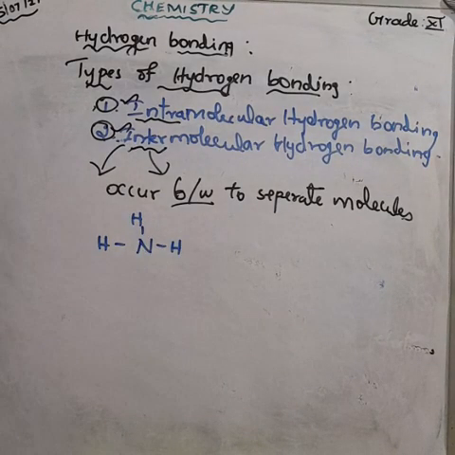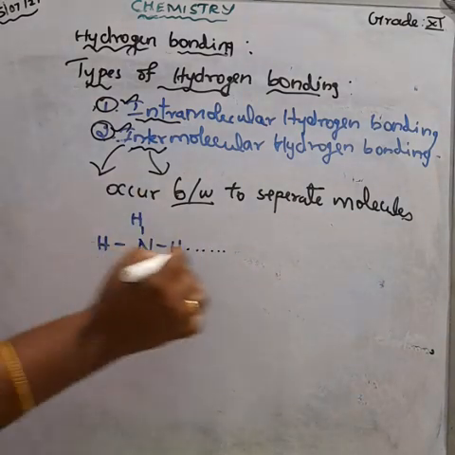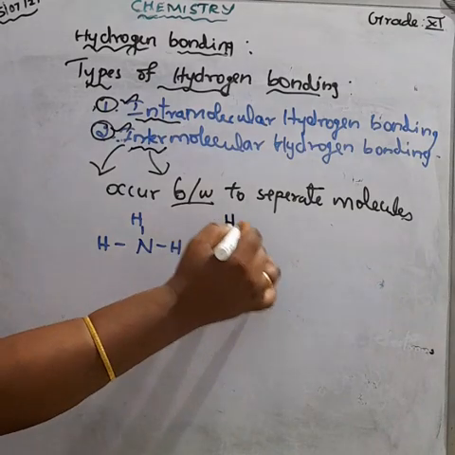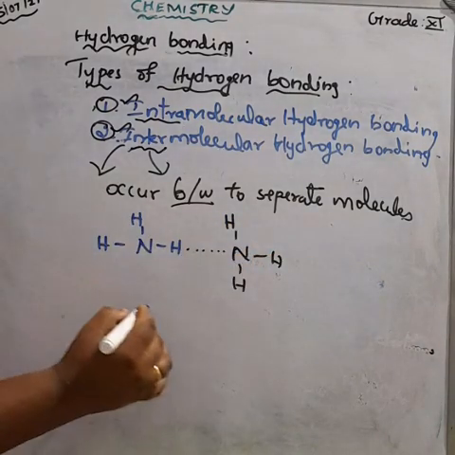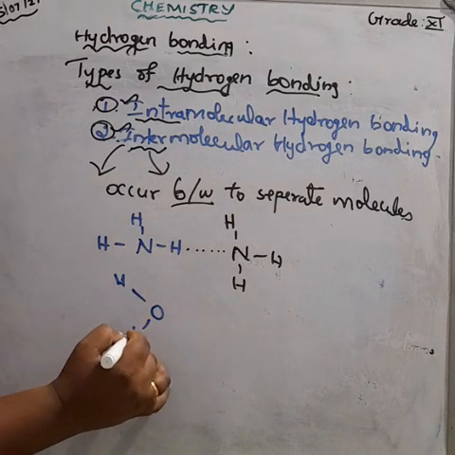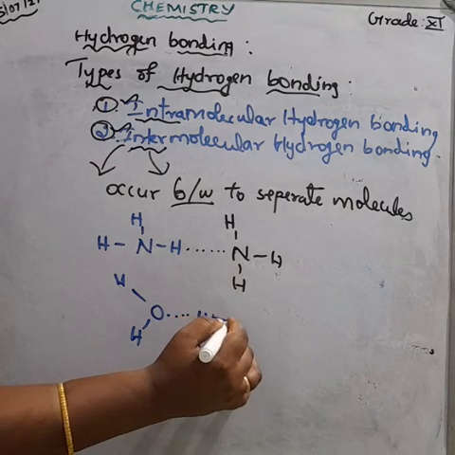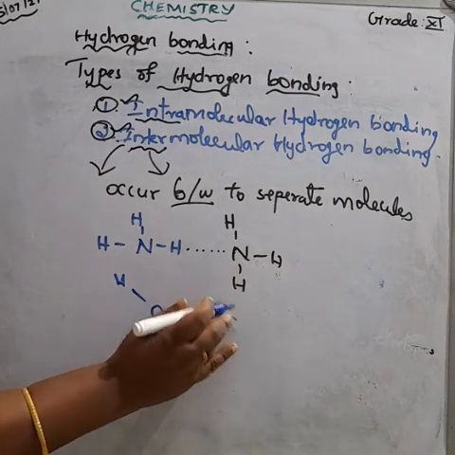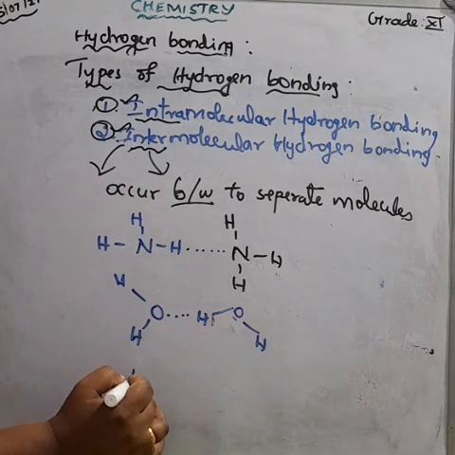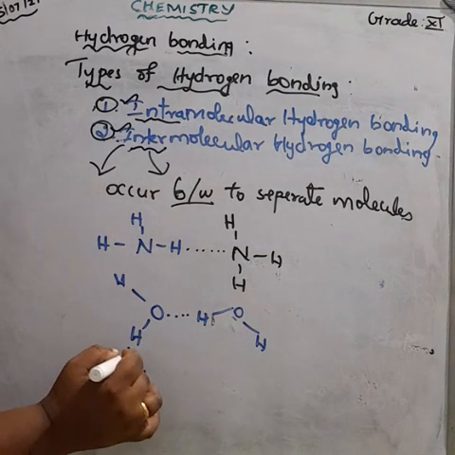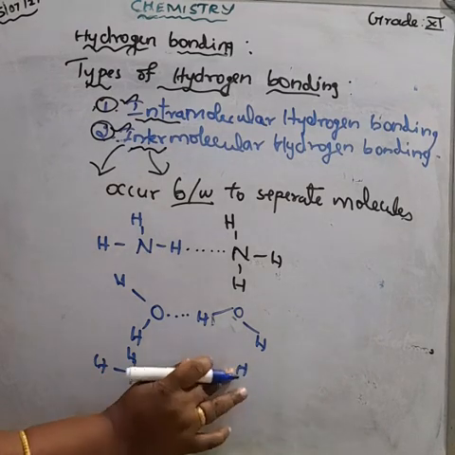The hydrogen in one ammonia forms a hydrogen bond with the nitrogen of another ammonia. Or between two water molecules, the oxygen in one water molecule and the hydrogen in another water molecule form the hydrogen bond. Or between ammonia and water, the hydrogen in ammonia and the oxygen in water can form the hydrogen bonding. So these are intermolecular hydrogen bonds.